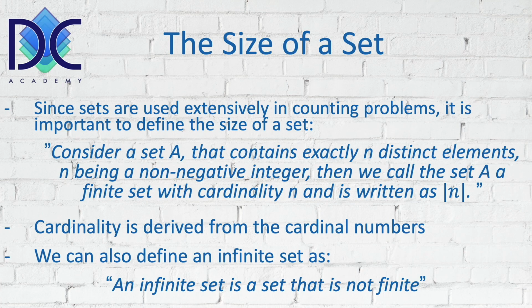When we have a finite number of elements, it means that we can count them. We can say n is a specific value. If we cannot define n, if it continues going on, then the set becomes infinite and it's not finite anymore.